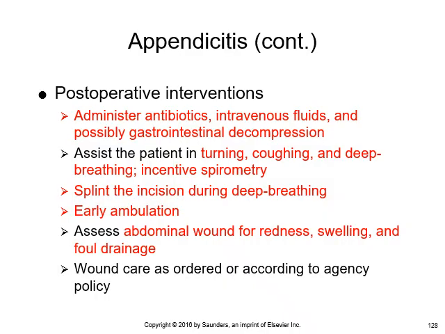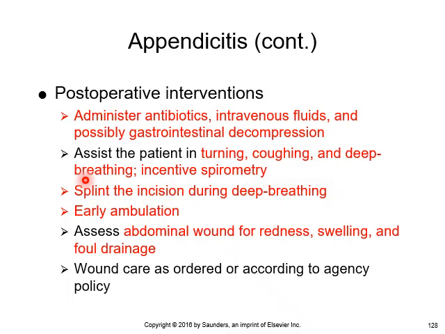Post-operative, we would administer antibiotics, IV fluids, and possibly gastrointestinal decompression. Splinting the incision during deep breathing. So what we could do is we could have them hold a pillow on their abdomen, because we will do turning and coughing and deep breathing exercises so that we can prevent pneumonia.